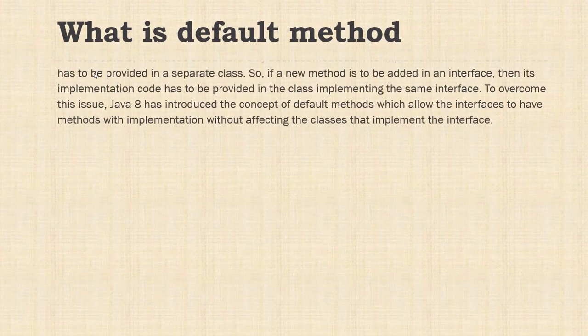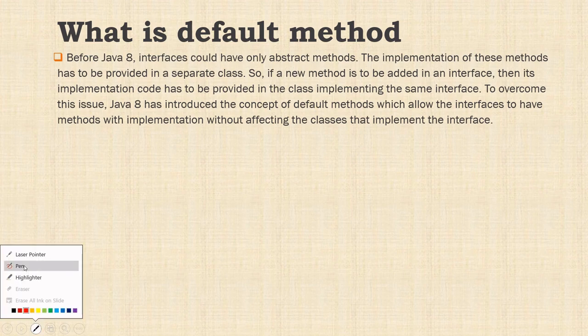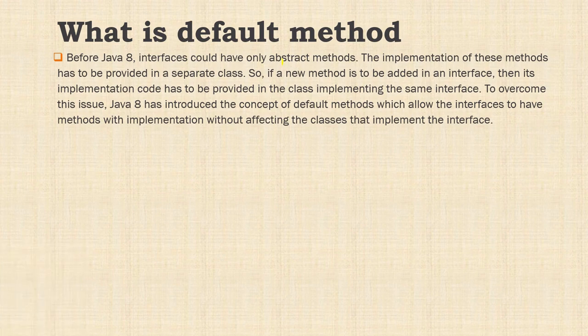So what is a default method? Before Java 8, interfaces could have only abstract methods. But the implementation of these methods has to be provided in a separate class, that means you have to implement that method.